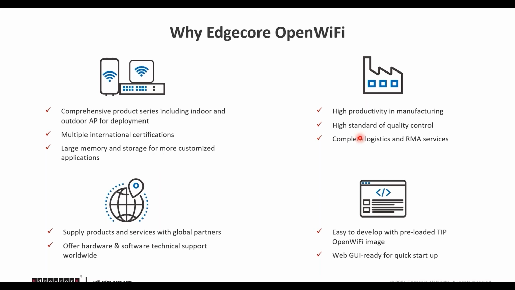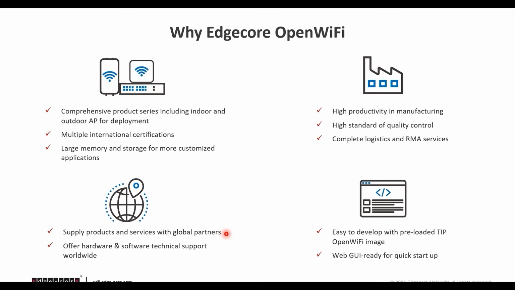And besides, we have the manufacturing capacity with quality control. We also have the supply chain that can handle the logistics, and we have the standard RMA process. Because Edgecore is a branding company, we can provide global support, and we rely on the local distributors or partners.